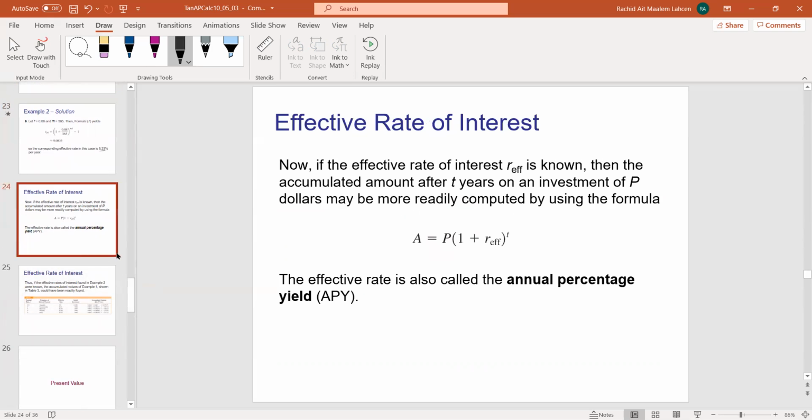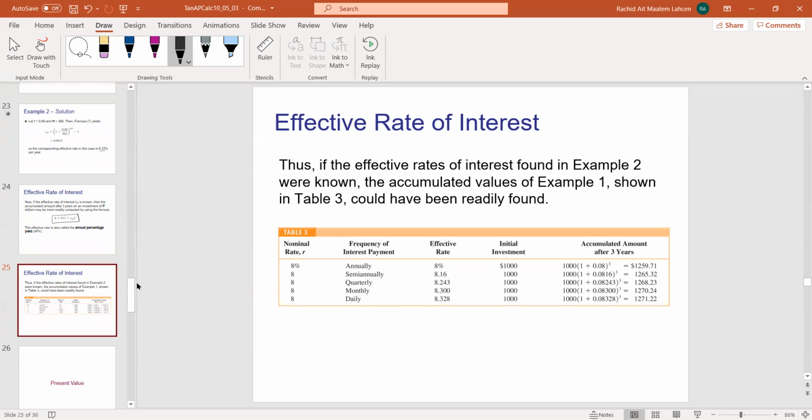That's it. So the future amount or the accumulated amount is the principal, $1,000, times 1 plus whatever true rate for the period we need, with T. It's the same as the other formula that we looked at.